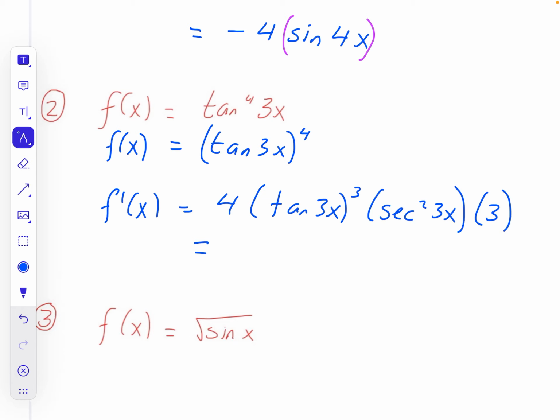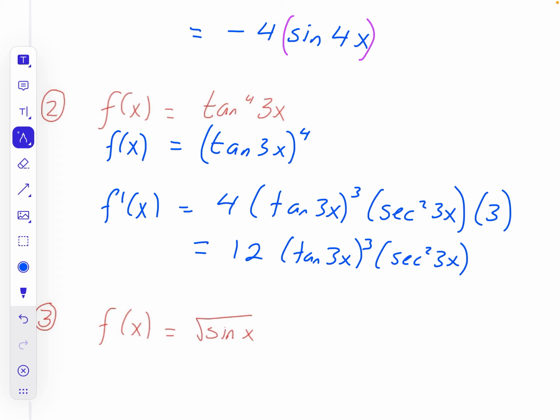Now I just need to differentiate the angle, which is going to give me 3. Now multiply the 4 and 3 just to tidy it up a little bit. There's not much tidying up we can do here. So I can write that as 12 tan 3x cubed and sec squared 3x. No more tidying up we can do with that.